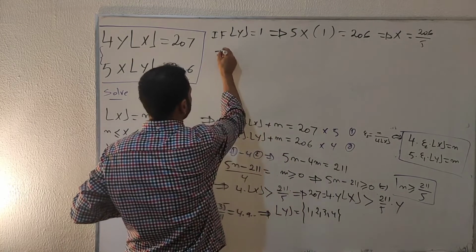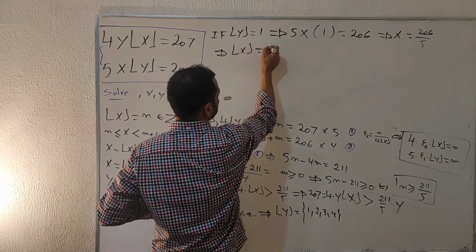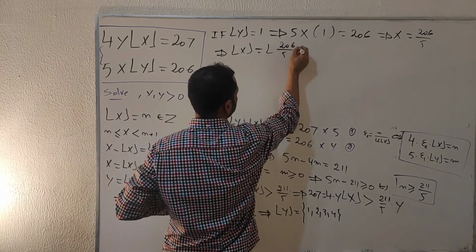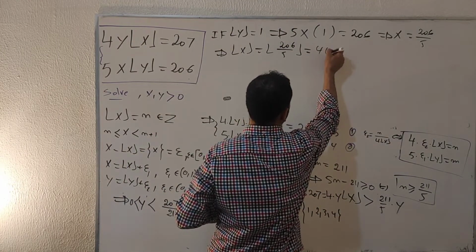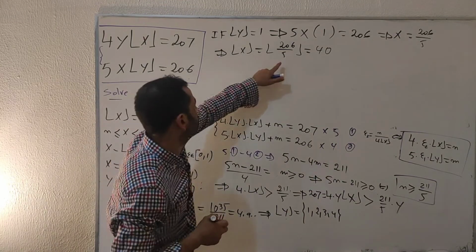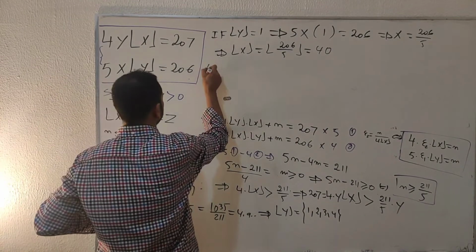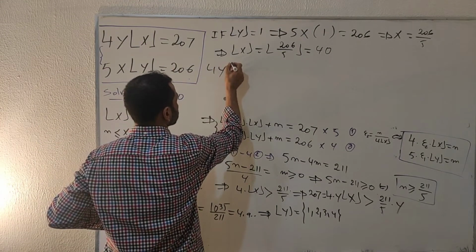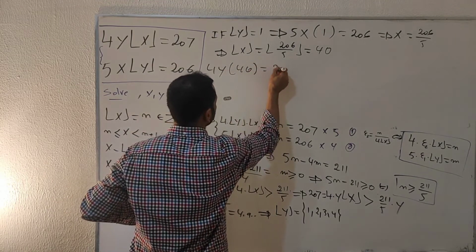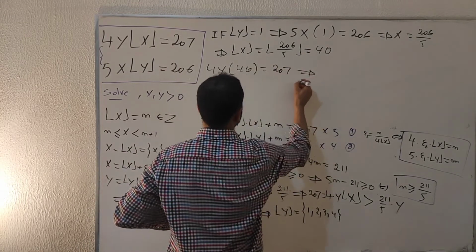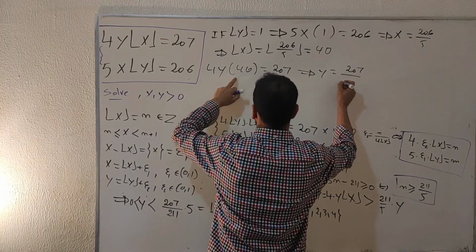Then if I apply the floor of x on both sides, I get the floor of x equals the floor of 206 over 5. That is 40 point something, so the floor is 40. Now we insert this value of the floor of x into the first equation to find y. So I get 4y multiplied by the floor of x, which is 40, equals 207. This gives us y equals 207 divided by 160.